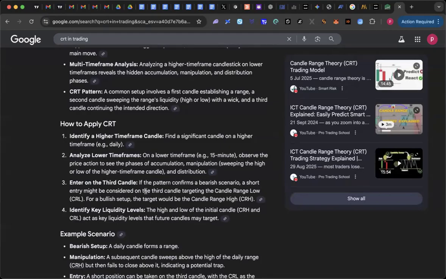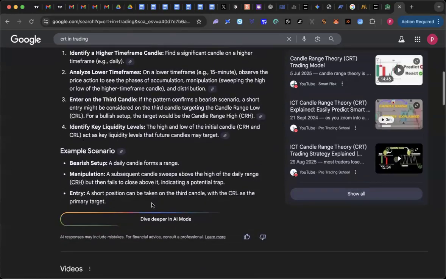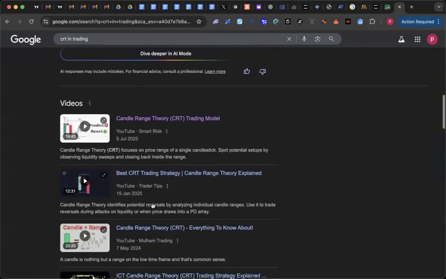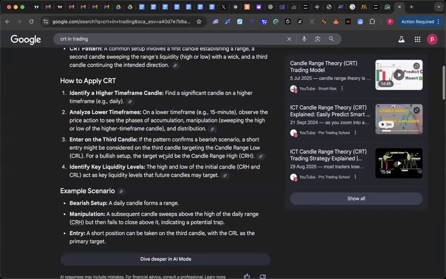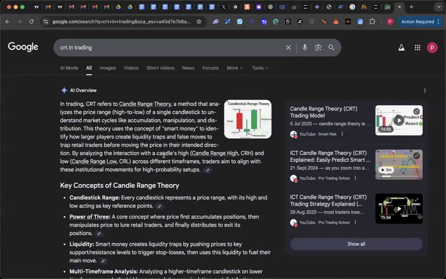So enter on the third candle if the pattern confirms a bearish scenario, a short. Now, just to give you a high-level understanding, candle range can be one candle, it can be two candles, it can be a number of candles.